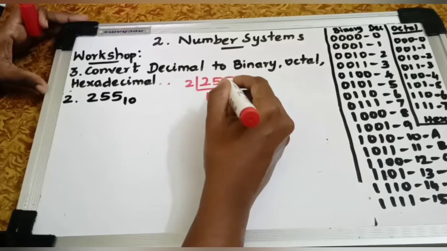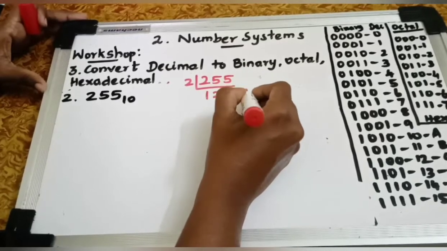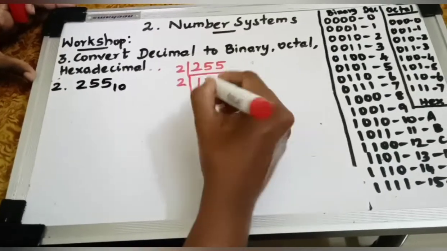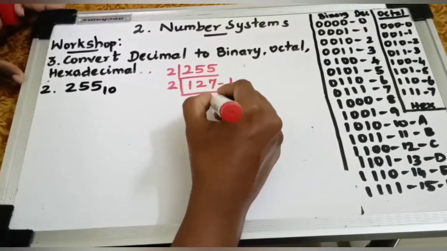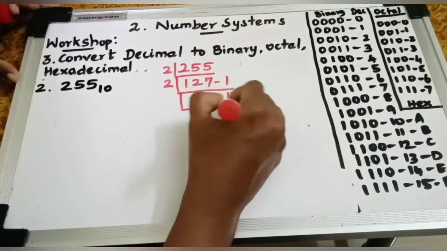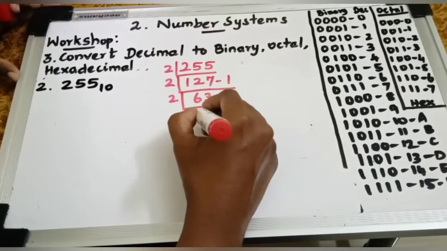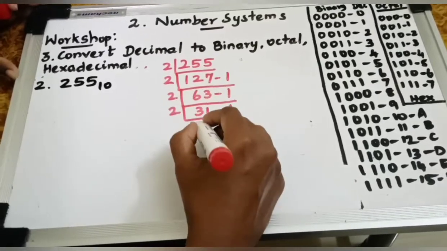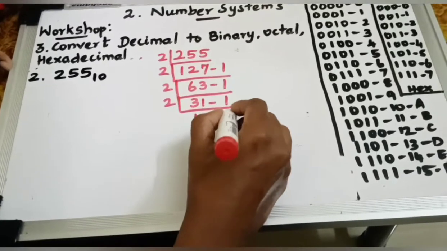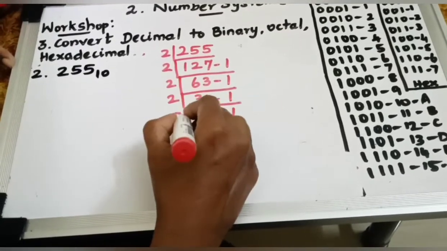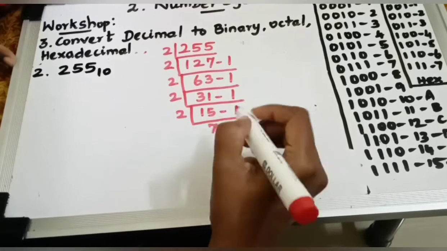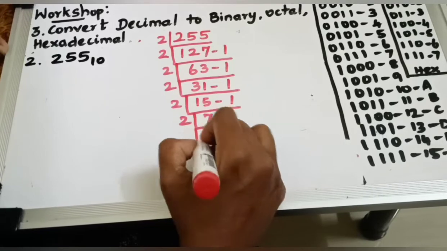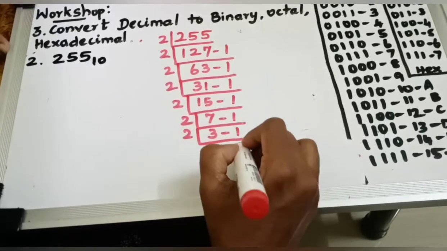Then 15, 7 2s are 14, remainder is 1. Again divide by 2, 6 2s are 12, 3 2s are 6, remainder is 1. Again 2, 3 2s are 6, 1 2 is 2, remainder 1. Again 2, 5 2s are 10, remainder 1. Again 2, 7 2s are 14, remainder is 1. Again 2, 3 2s are 6, remainder is 1. Again 2, 1 2 is 2, remainder is 1.